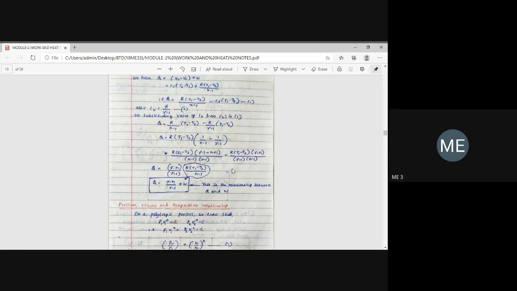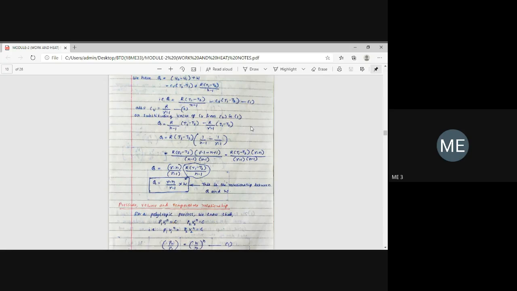Next step, I am going to divide each term by Cv. What will we get? R divided by Cv equals Cp by Cv minus Cv by Cv.